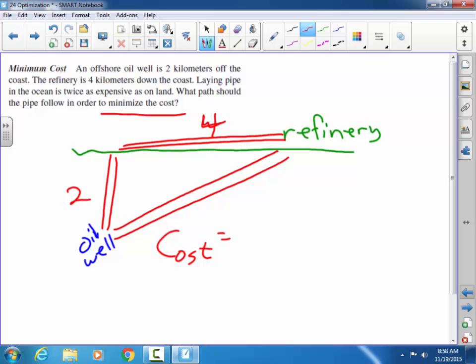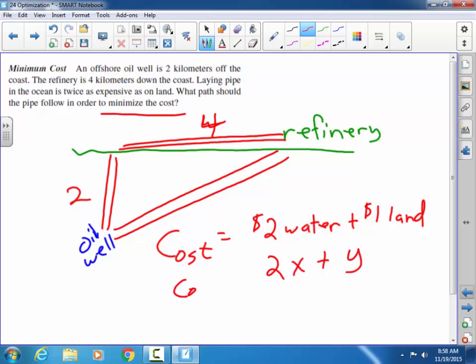Well, 2x to go in the water and just x on land. Okay, so the cost is 2 times the pipe that's in the water, plus $1 times the pipe that's on land. So 2x plus y. The cost of x and y is the same. It seems like it changed.